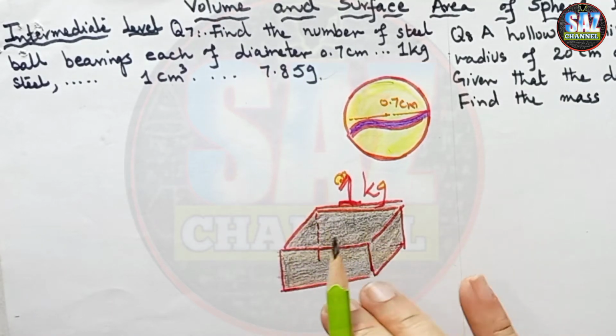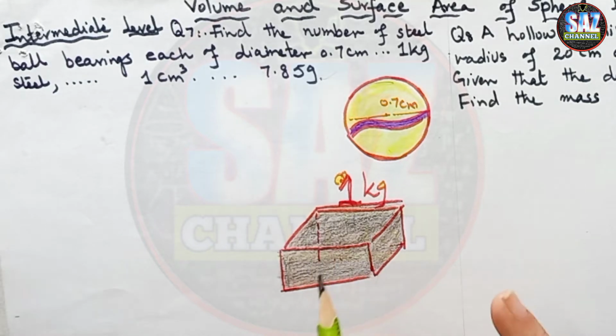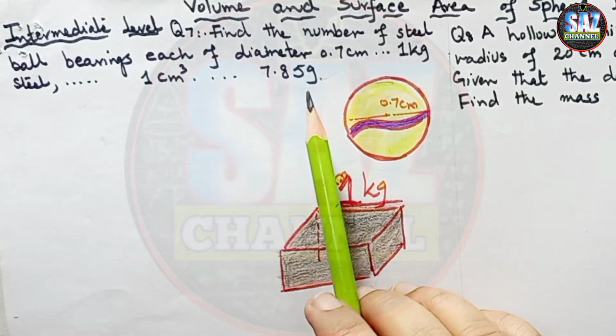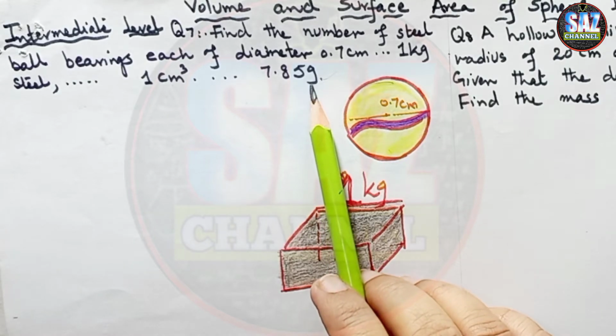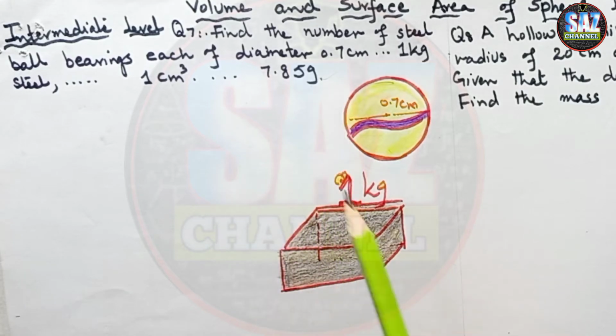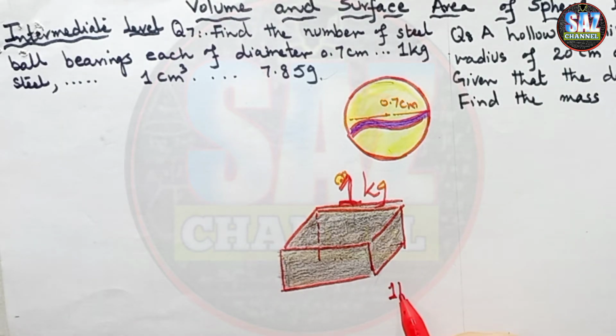And then we have to make the ball bearings out of this bar, which has the weight 1 kg. As we are turning the weights of the smaller ball bearings into grams, it's better to turn this 1 kg into gram, and we know that 1 kg is equal to 1000 grams.